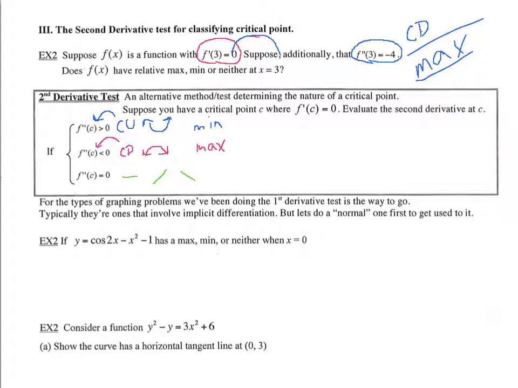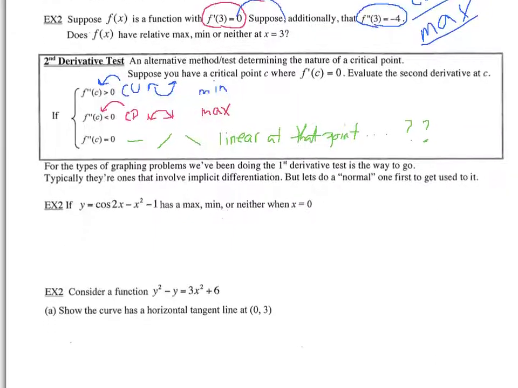All we know is it's linear at that point. So we can't determine the nature of the critical point. Okay? So let's do a couple of examples here.